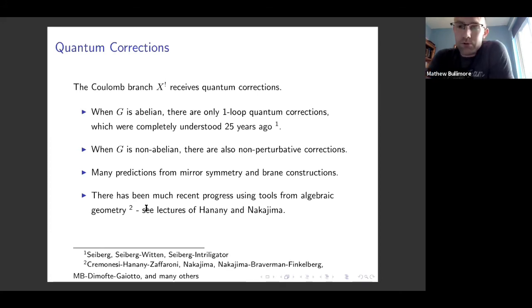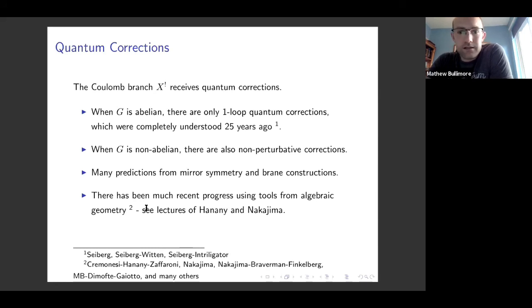And they're much more tricky to compute. And so, for a long time, a lot of progress, I think, was made by making predictions using string theory, brane constructions, mirror symmetry, things like that. And it's only relatively recently that more rigorous field theory progress has been made on understanding at least some aspects of the Coulomb branch.